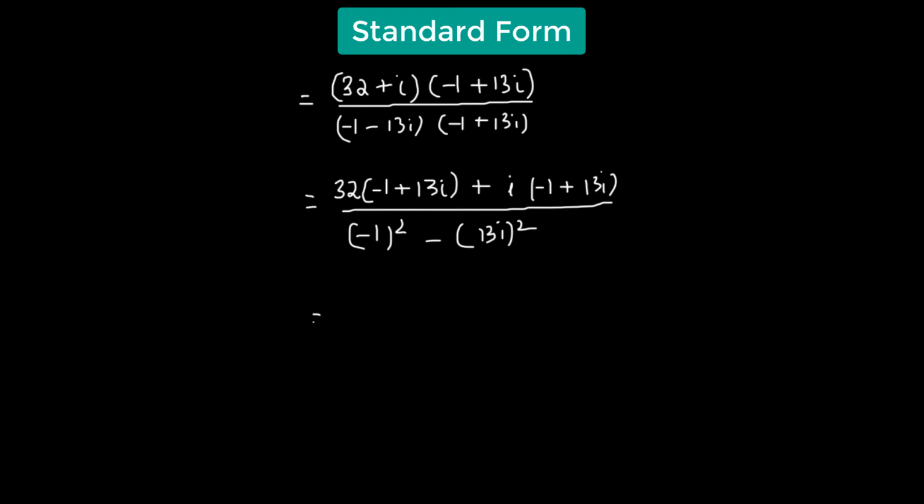which will be equal to -32 plus 32 times 13 will be 416i, and we have plus i multiplied to -1, that will be -i, plus i times 13i will be 13i squared, divided by 1 plus 169.